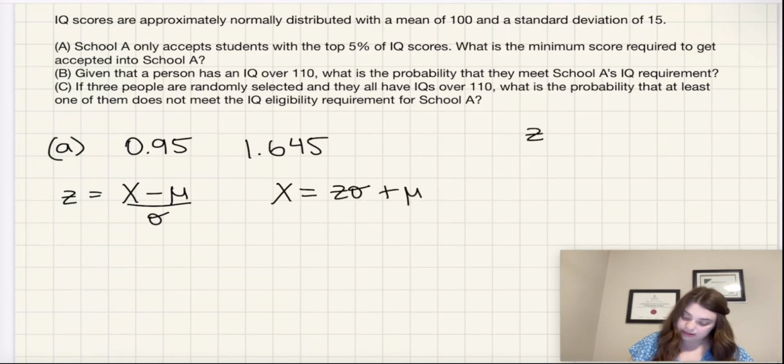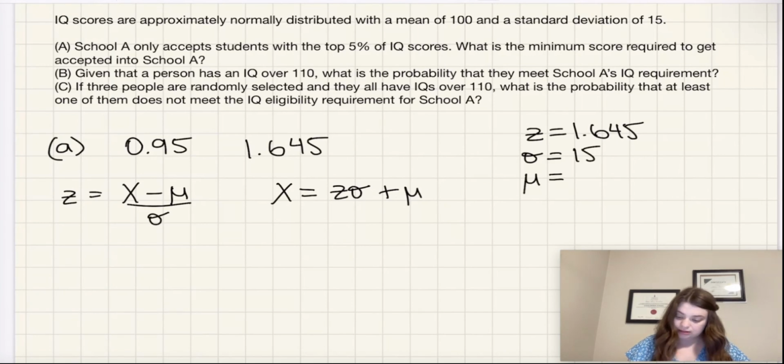In this case, the z-score is 1.645 because that's the score that has the correct corresponding probability. Then sigma, the standard deviation, is 15, and mu, the mean, is 100. These can be found in the question overall. They've told us what those are.